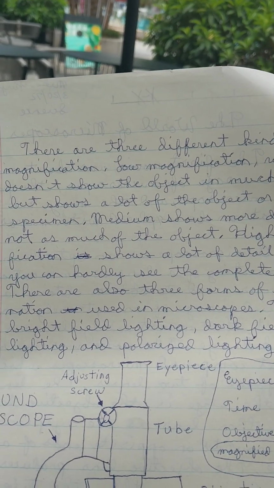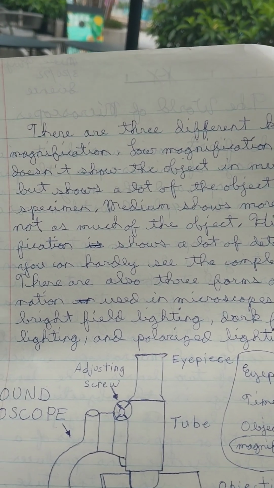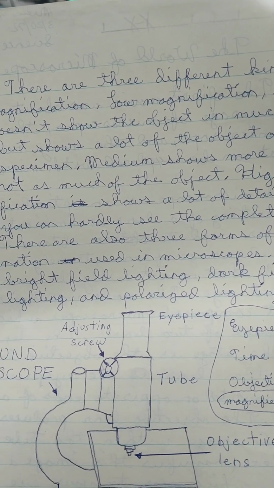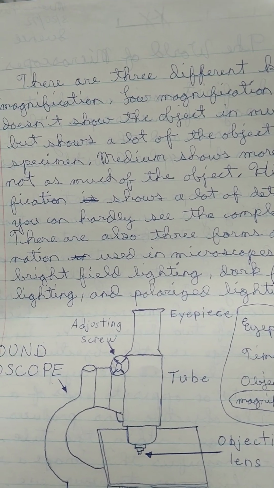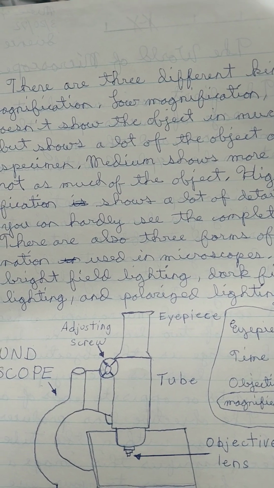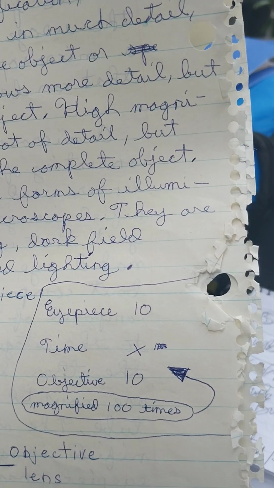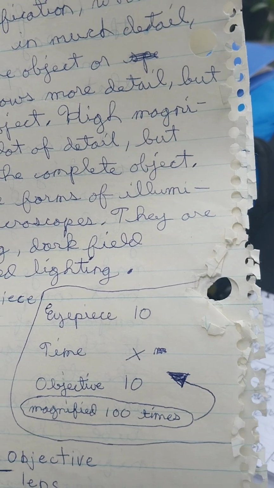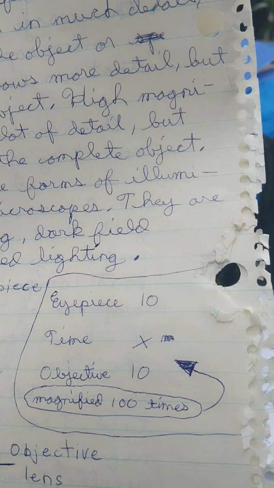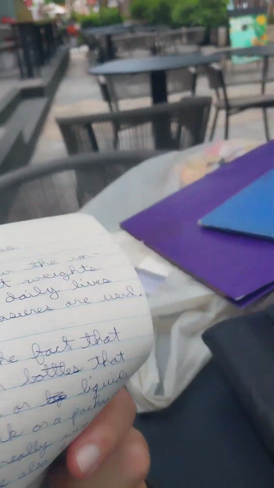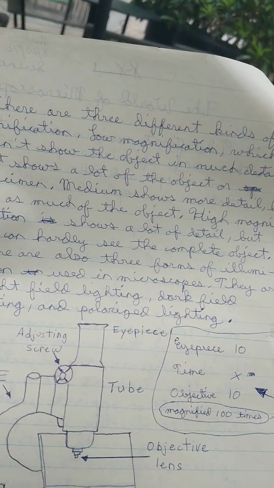There are also 3 forms of illumination used in microscopes. They are bright field lighting, dark field lighting, and polarized lighting. I have here over to the right eyepiece times objective, 10 times 10, magnified 100 times. And that is the end of that essay.